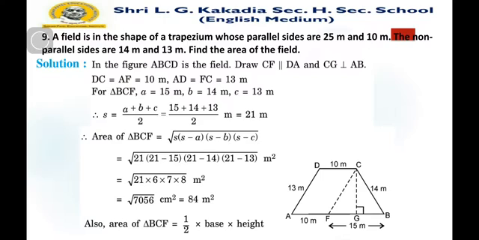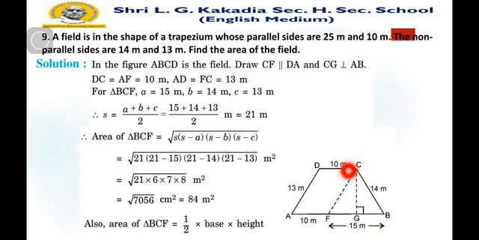Now we know that if you want to find the area of this trapezium, it is half of the sum of the parallel sides into its height. Here let us consider CG as its height, but we don't know the value of CG.